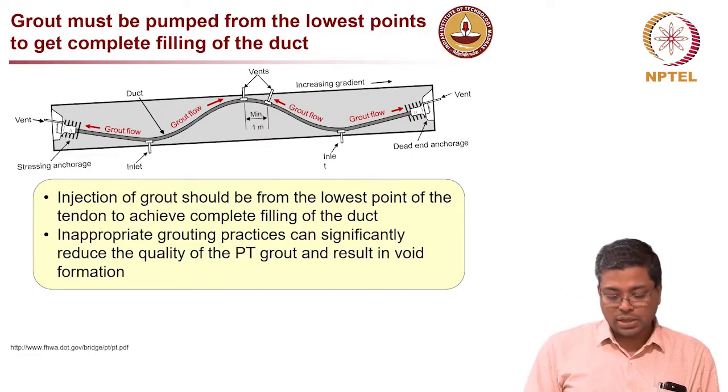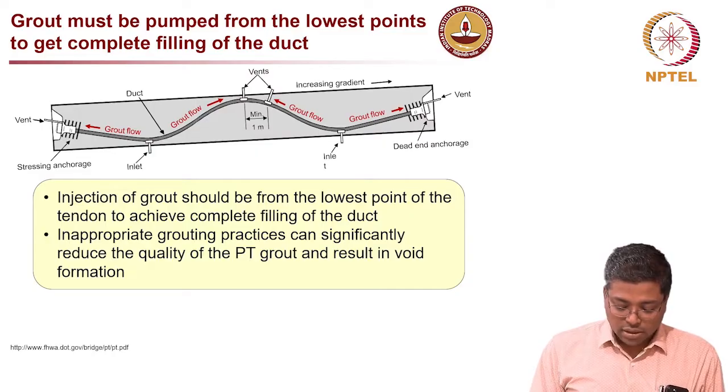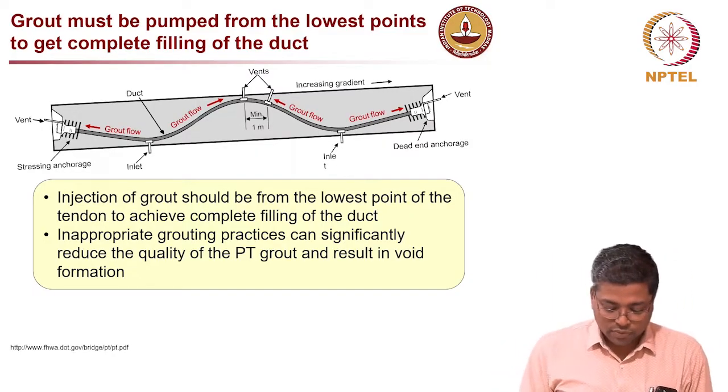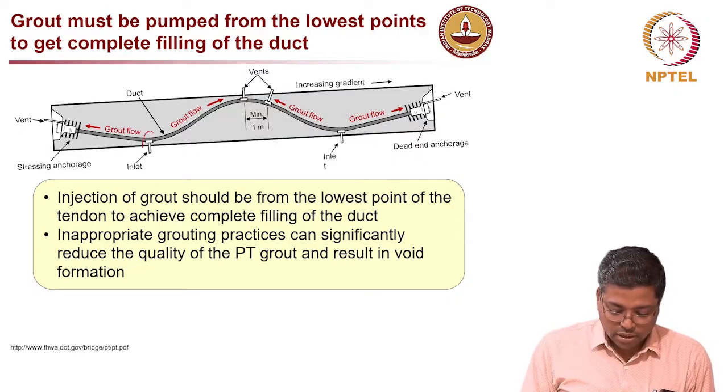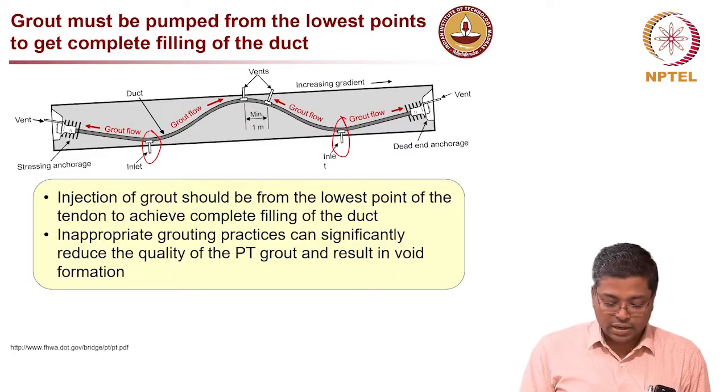you pick the lowermost points, as per the Federal Highway Administration. This is the recommendation, especially based on a study conducted by the Florida Department of Transportation. As you see here, they pick the lowermost points on the profile and pump in. This is the inlet.